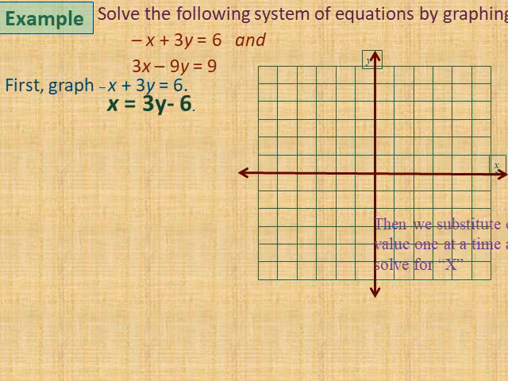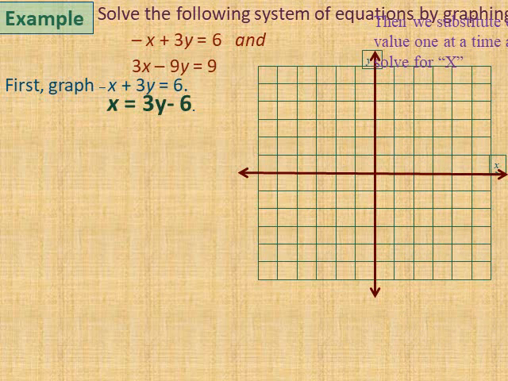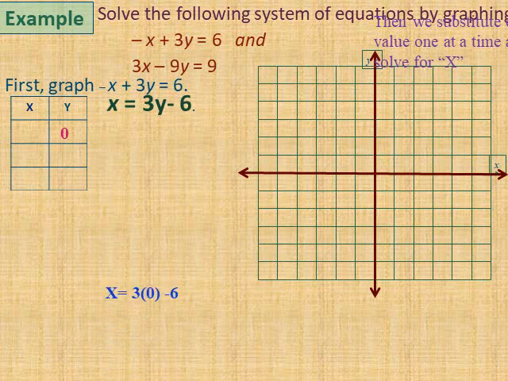Let's put values for y and find the corresponding value for x. First, y equal 0. That means x will be 0 minus 6, equal to negative 6. So the first point is (-6, 0).